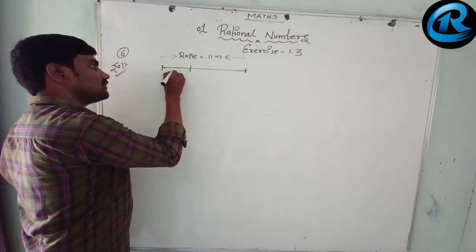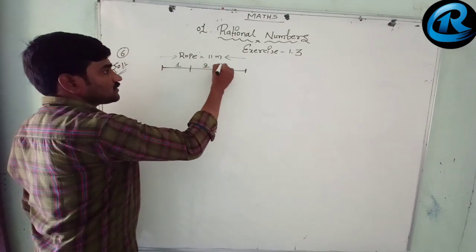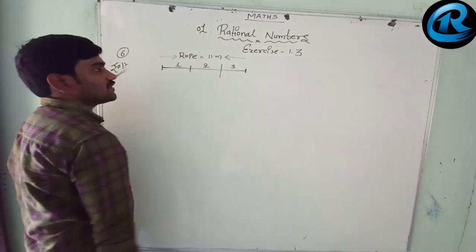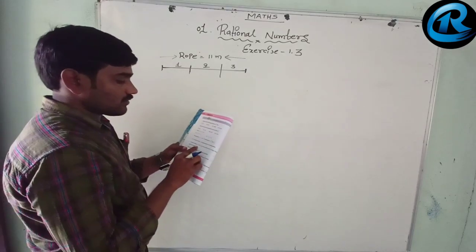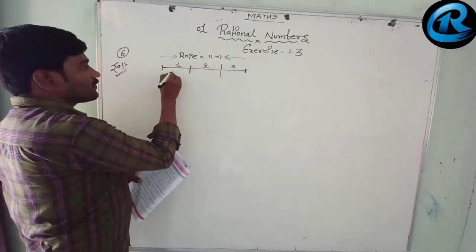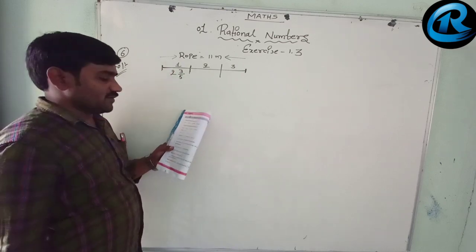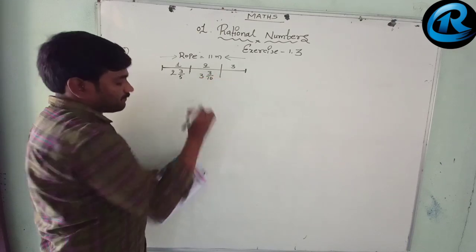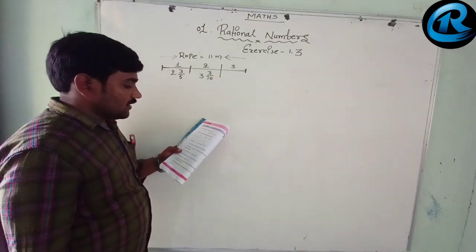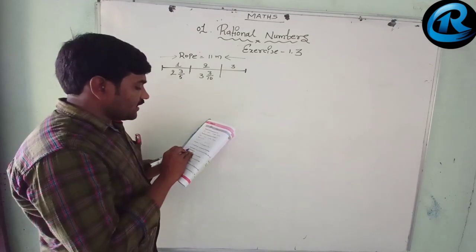This is the first part, this is the second part, and this will be the third part. We cut the first one of length 2 whole 3 by 5 meters. The next one is 3 whole 3 by 10 meters, then cut out from the rope. What is the remaining length of the rope?